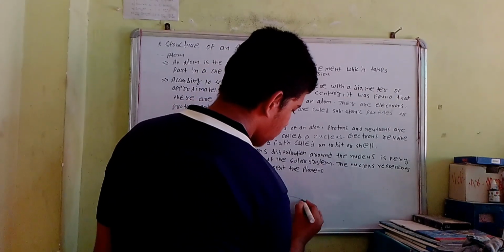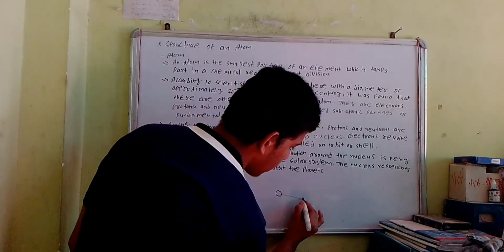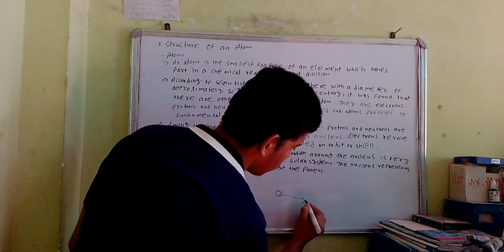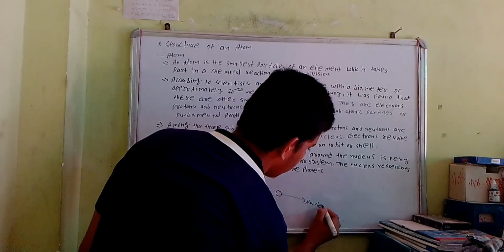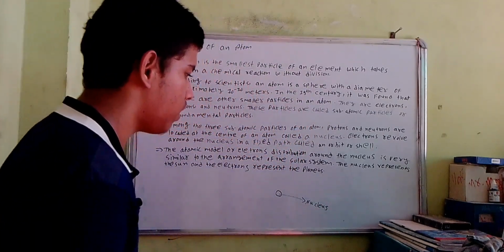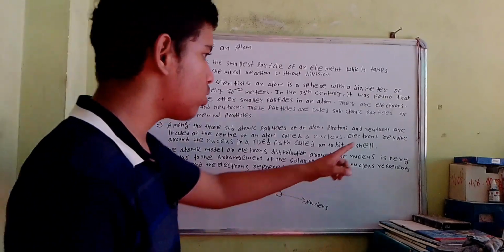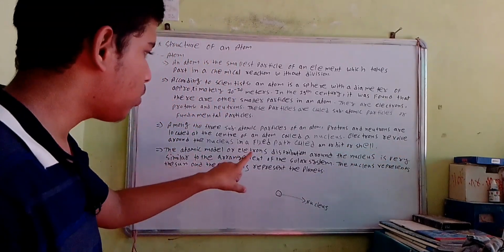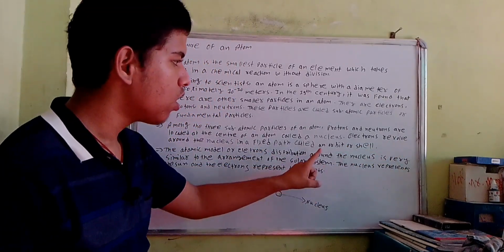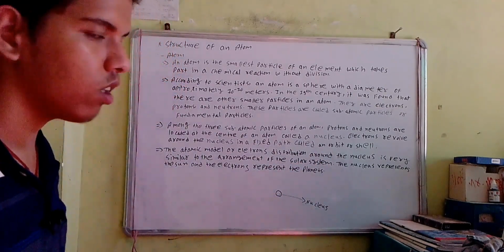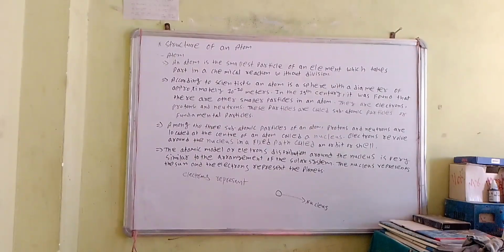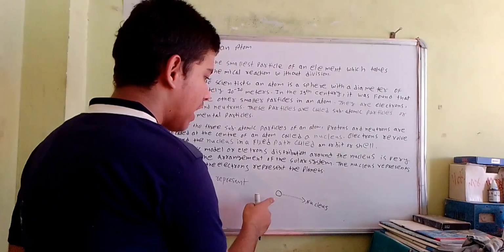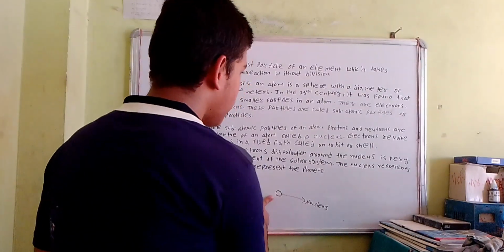Let me write the name over here. Nucleus. So this is the nucleus, right? Electrons revolve around the nucleus in a fixed path called orbit or shell. So this is the nucleus of an atom, and inside the nucleus there are protons and neutrons.